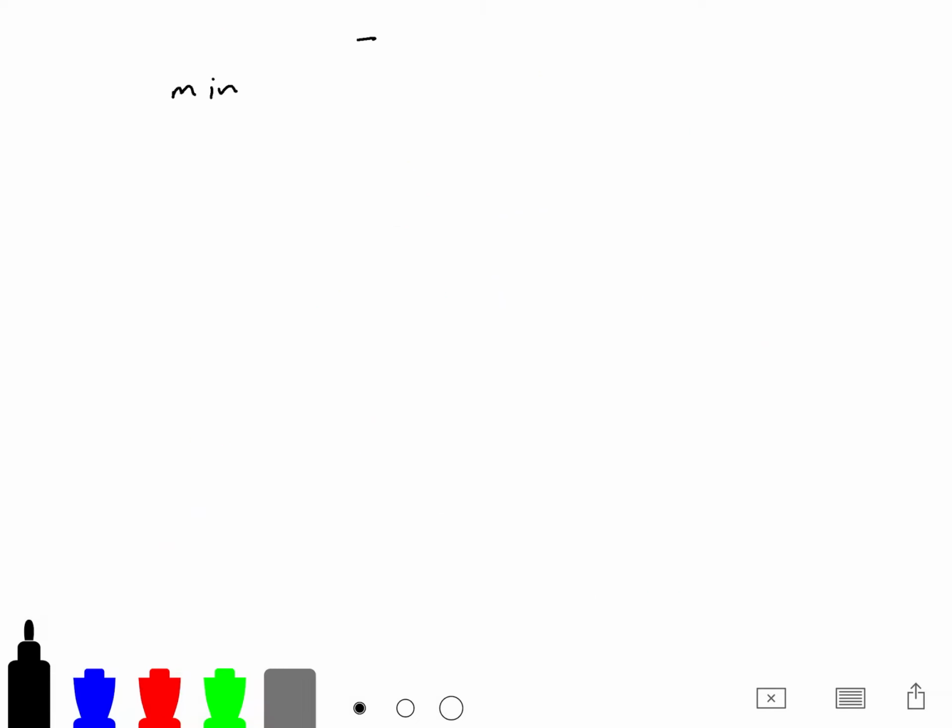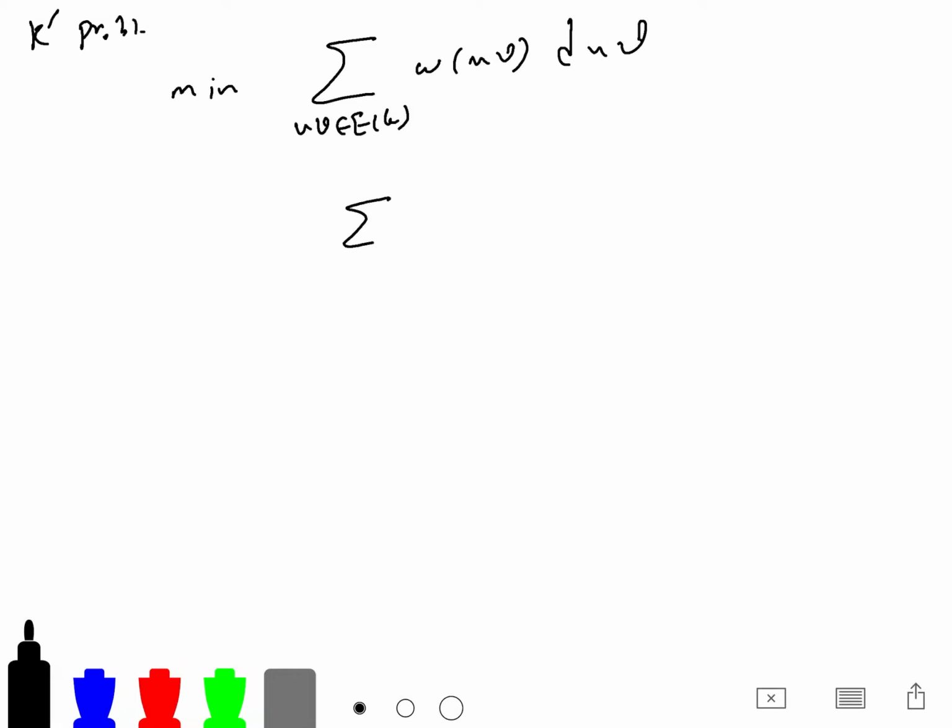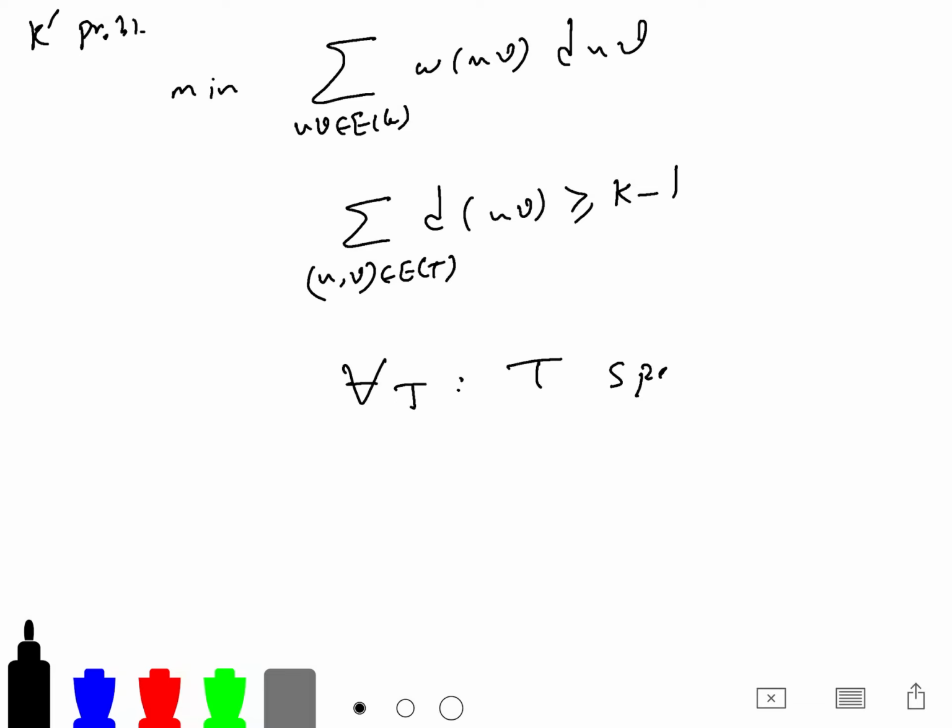This is the motivation that we convert it to a problem, say K prime problem, where we want to minimize the sum over uv in E of G such that d of uv is greater than K minus 1, and uv is an edge of T for any tree such that T is a spanning tree on G of X.